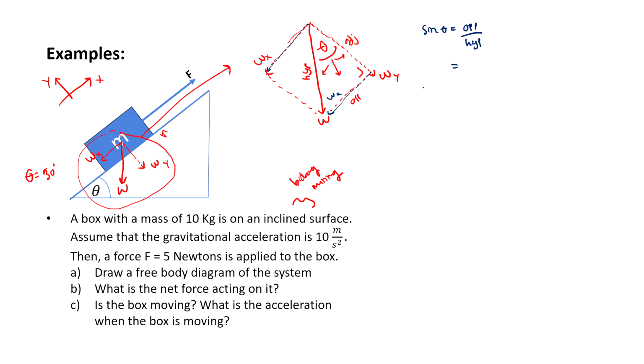The opposite is represented by Wx, and the hypotenuse is W. So sine theta equals Wx divided by W. When we want to know Wx, it's equal to W sine theta.